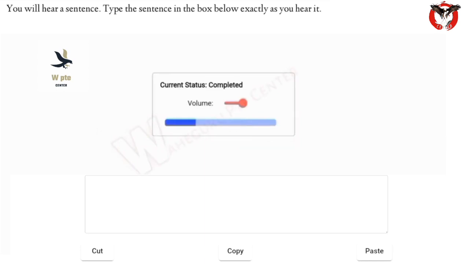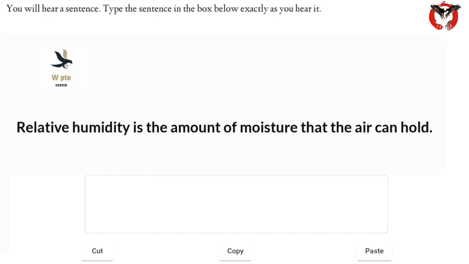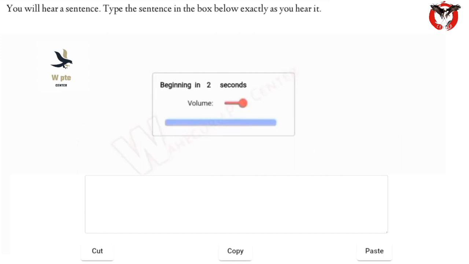Relative humidity is the amount of moisture that the air can hold. Relative humidity is the amount of moisture that the air can hold. Of course, you can also choose to have your grades emailed to you.